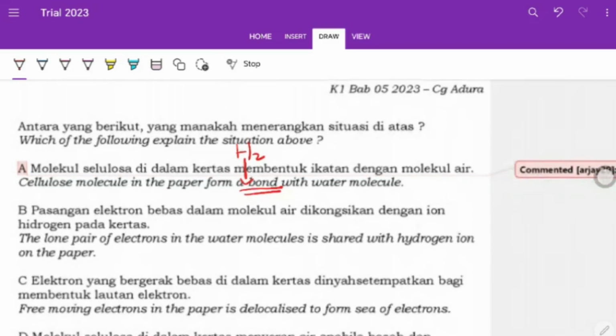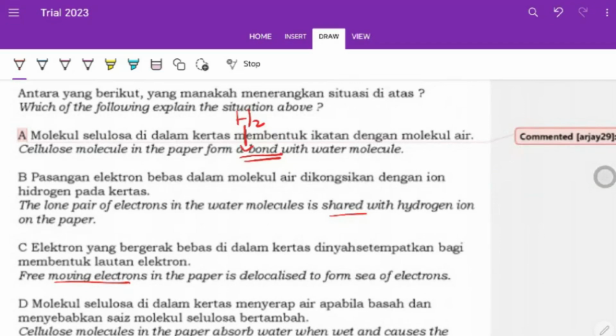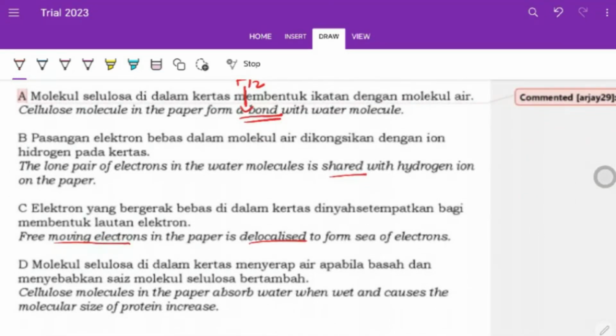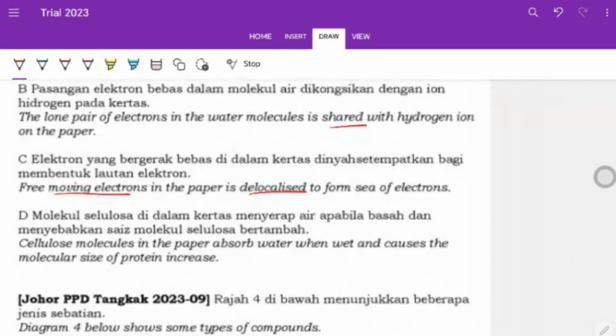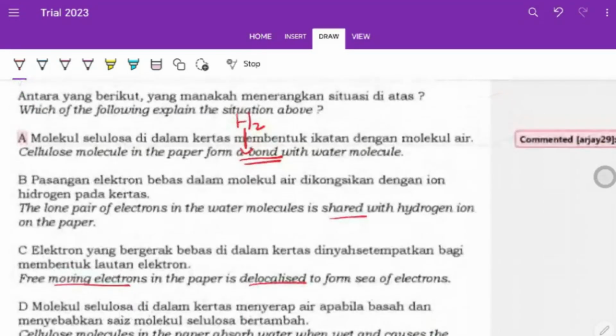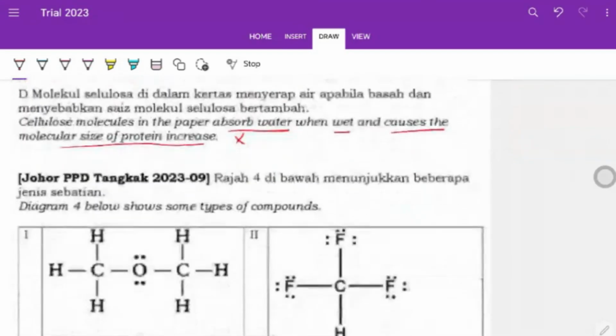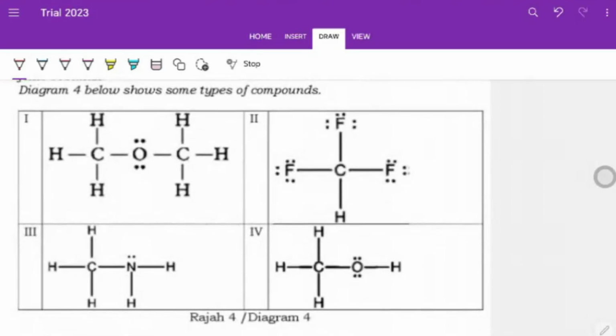Next, the lone pair share, no. Free moving electrons, no, delocalized is for metal. Cellulose in paper absorbs water when wet, causing the molecular size of protein to increase, no. So it's A. But here actually it is a bond. What bond is that? It's a hydrogen bond. Is that okay? Am I too fast, class?